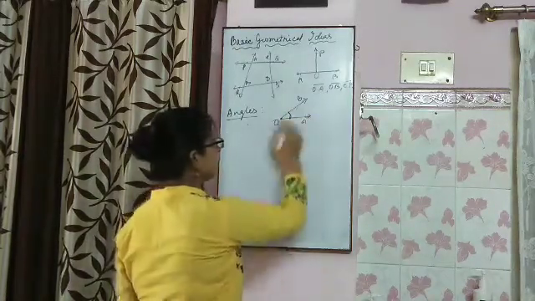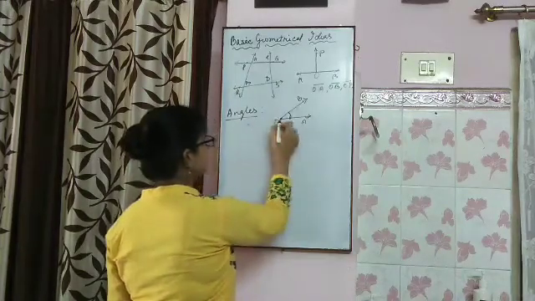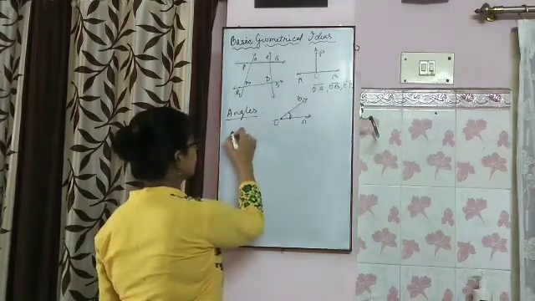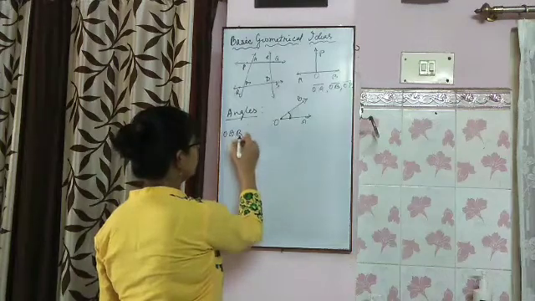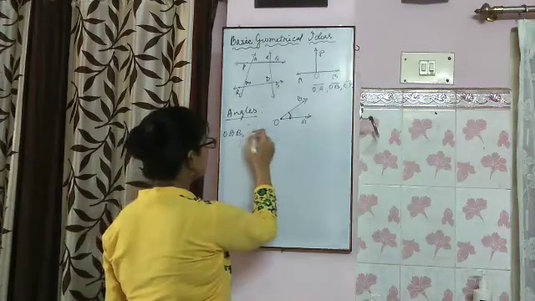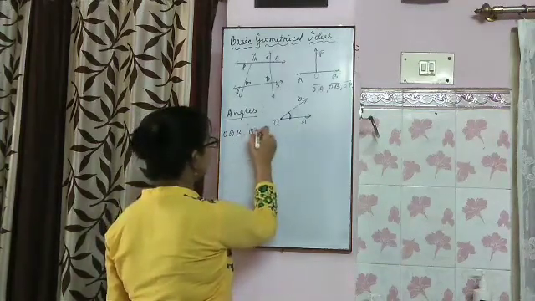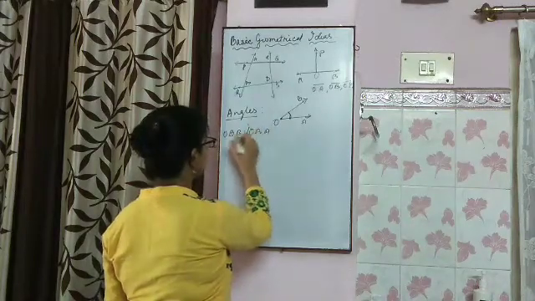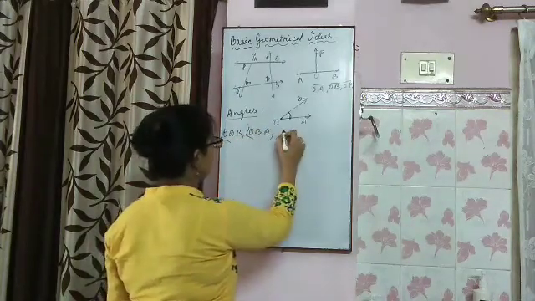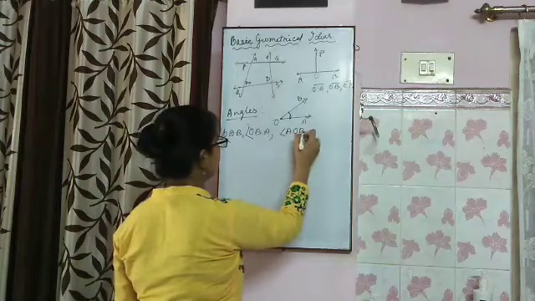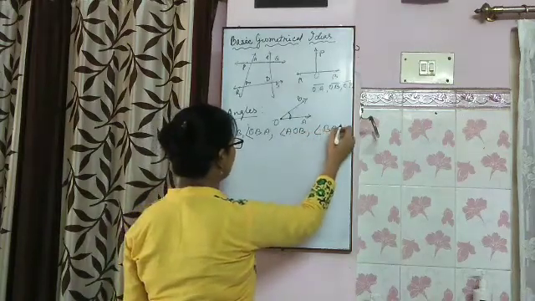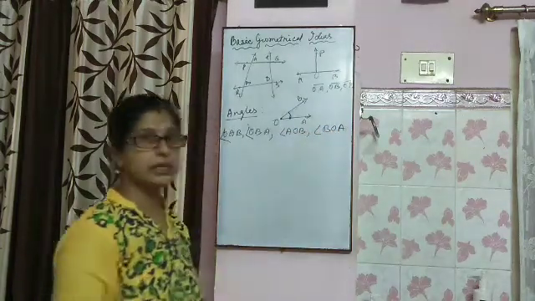Now, how to name this? If I would say OAB, OAB or OBA or AOB or BOA, which one is correct?